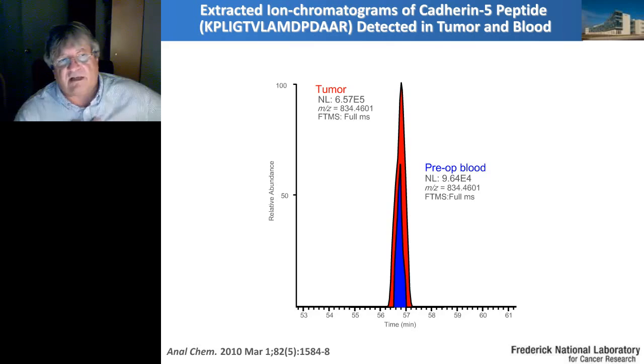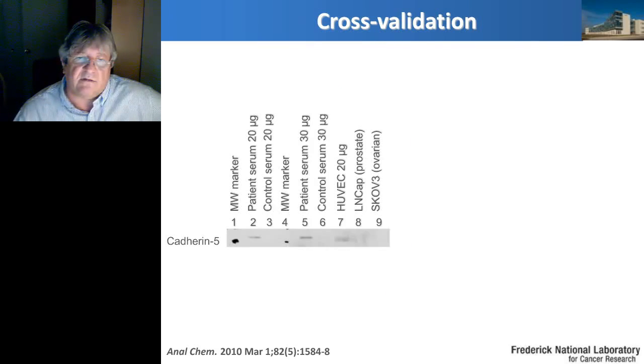So that was a mass spectrometry take on it, but no one nowadays would really consider mass spec solely as a bona fide identification, and we have used the Western to look into cadherin 5. We look into the serum of the patient using 2 different loading amounts, and we use HUVEC cell line as a positive control because this protein is there, and then we use a cell line of prostate and ovarian cancer, and we really don't see that.